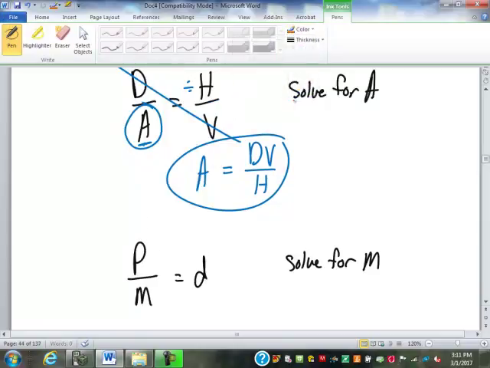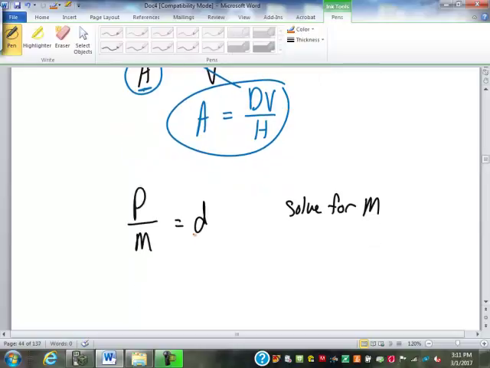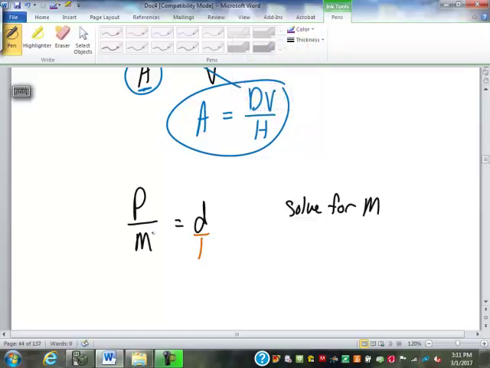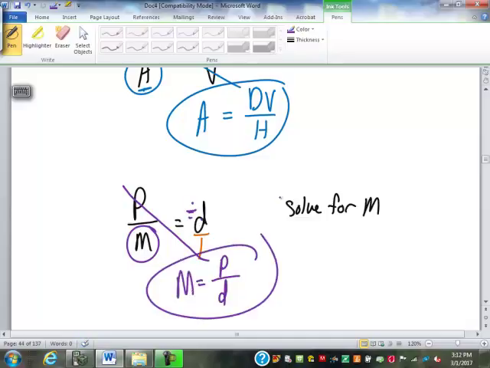But we can make it a proportion rather quickly by just putting D over 1. So now to solve for M here, we're going to treat M as though it's missing, and we'll cross multiply and divide. P times 1 is just P divided by D. So M is equal to P divided by D.